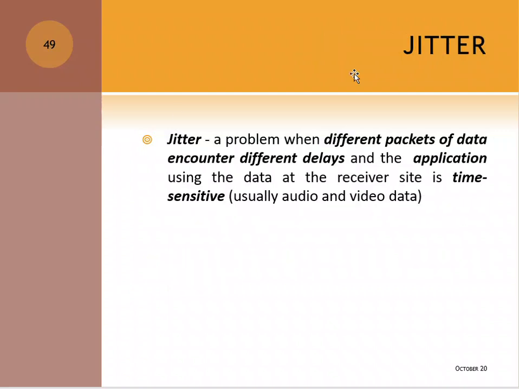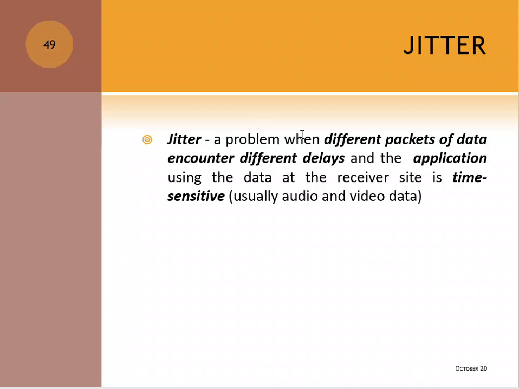Okay, the last part for this chapter 3 is jitter. Jitter, I have mentioned also in chapter 1, is a problem when different packets of data encounter different delays and the application using the data at the receiver side is time sensitive, usually audio and video data. So dia berkait juga dengan performance.